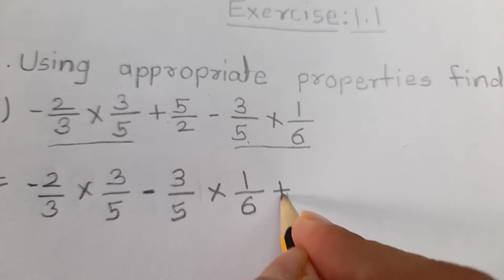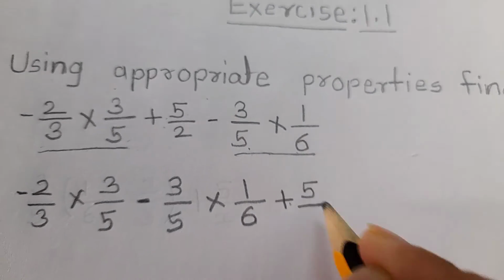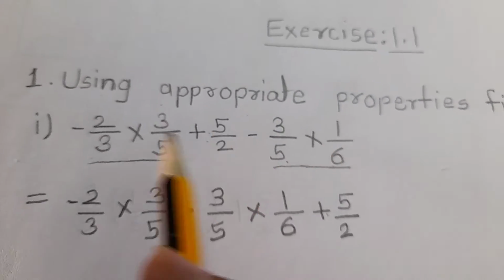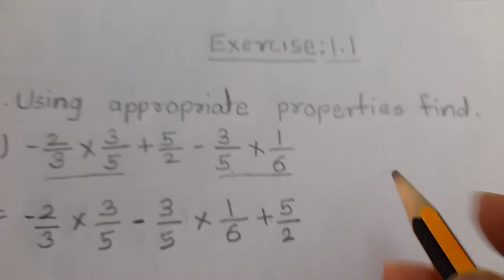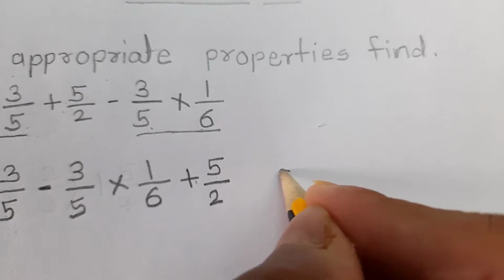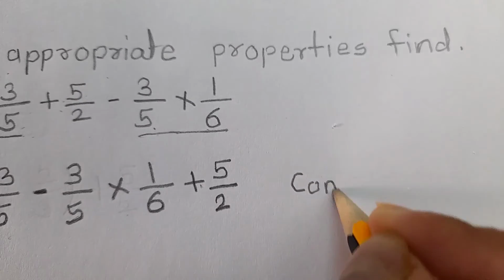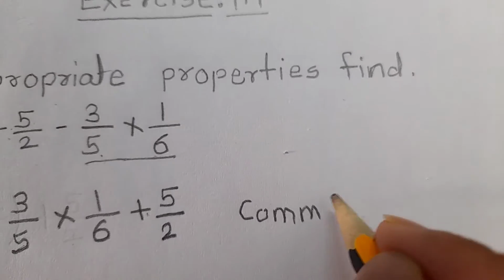When we change the position of numbers in an equation, please don't change the signs. The sign must be the same. Which property did we use here? Yes, commutativity.